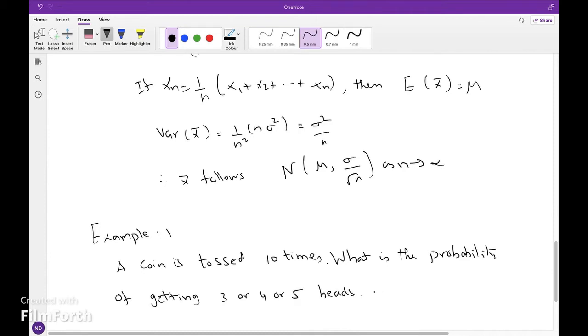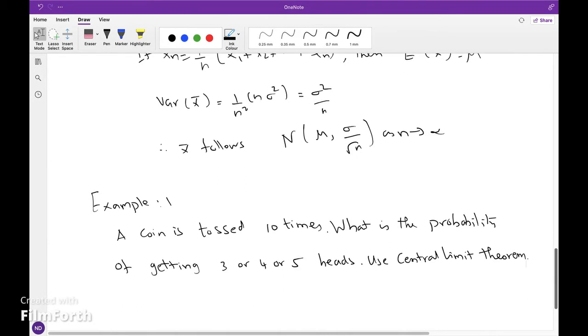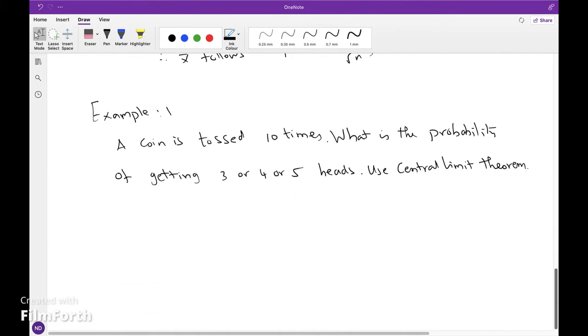Use the central limit theorem. In this case, a coin is tossed 10 times, so n is equal to 10. What is the probability of getting 3 or 4 or 5 heads?